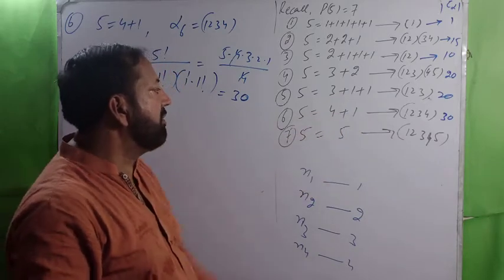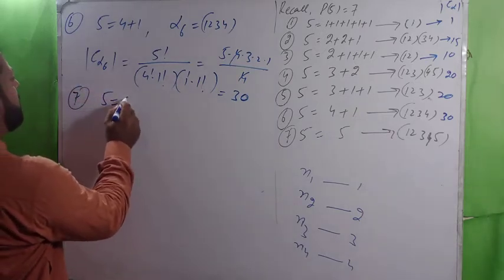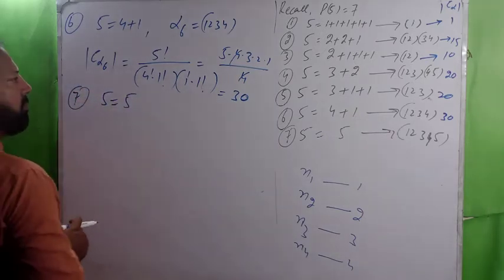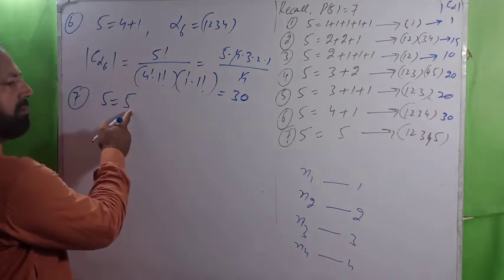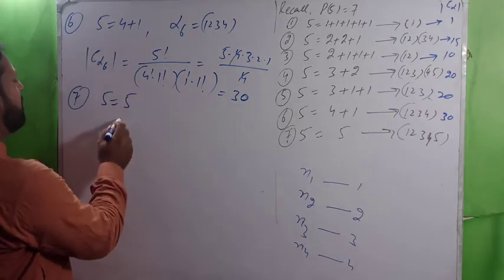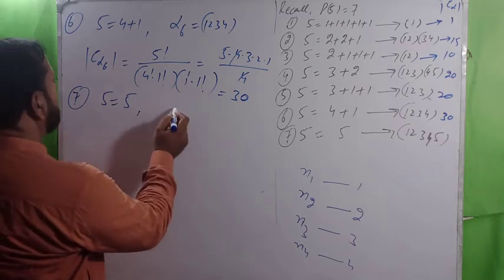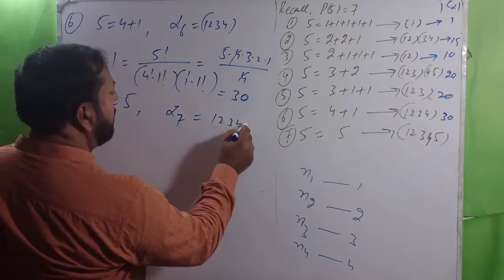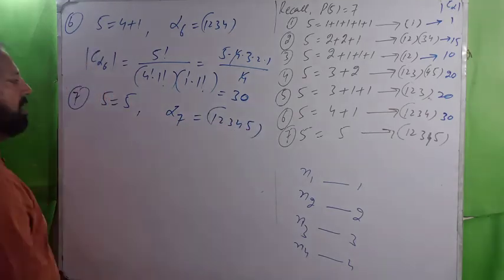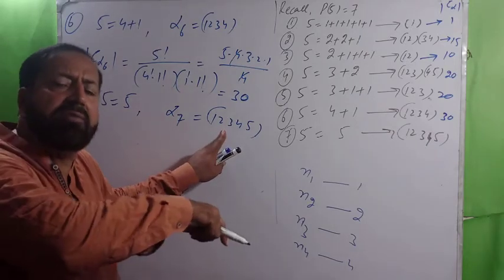Now, finally, alpha 7, where 5 is equal to 5, so k is 5 and of one size, of course. So the formula is here alpha 7 must be of the type 1, 2, 3, 4, 5. Then how many permutations of this type are there in its conjugacy class?